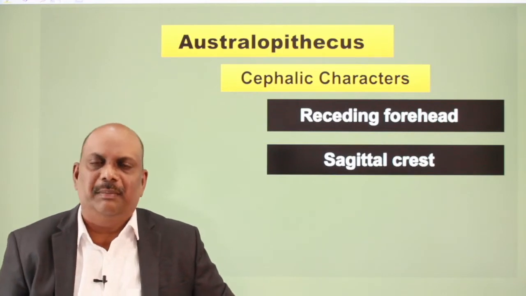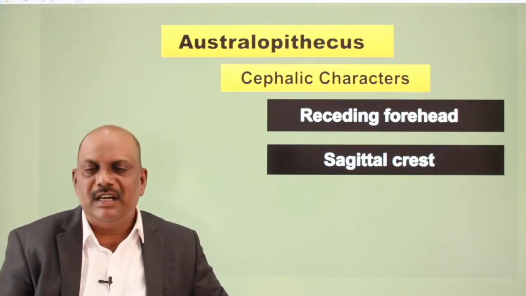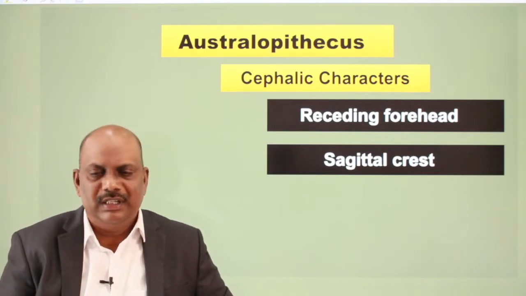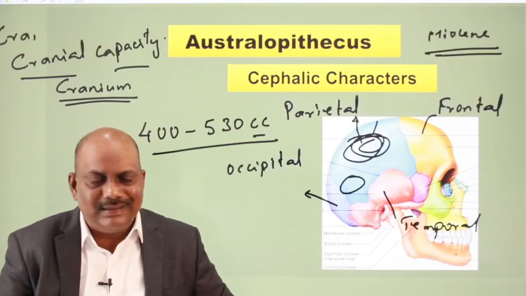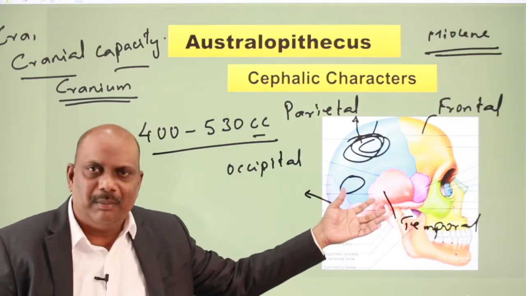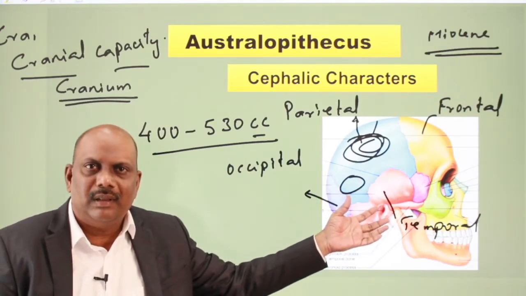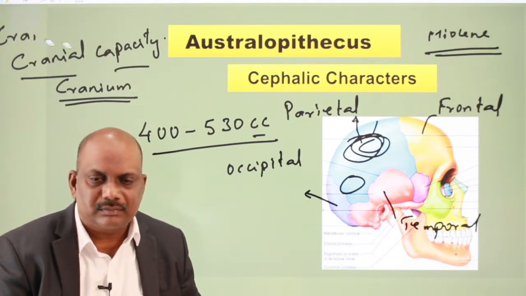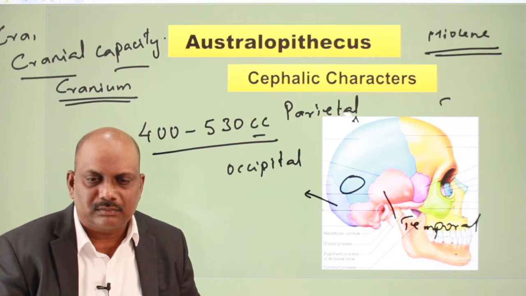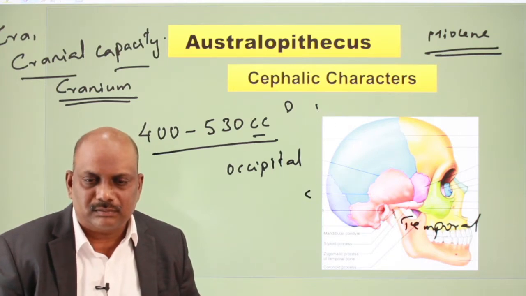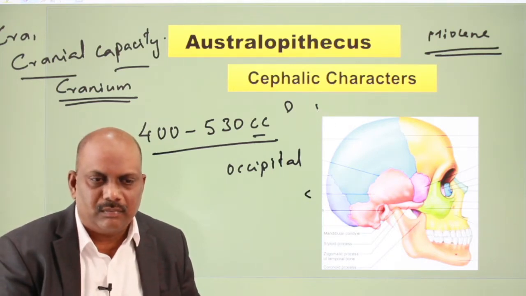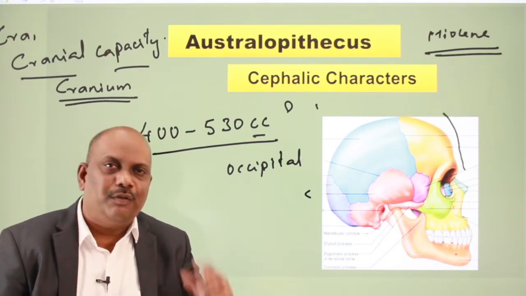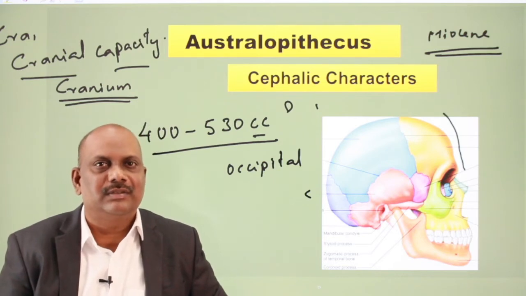Then the next is other cephalic features: receding forehead and the presence of sagittal crest. See here, this is the skull of a human being. Look at the forehead here. The forehead is the seat of intelligence.